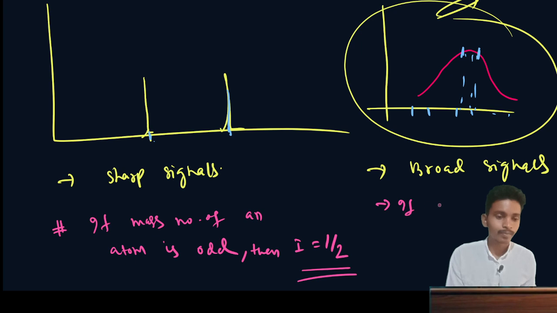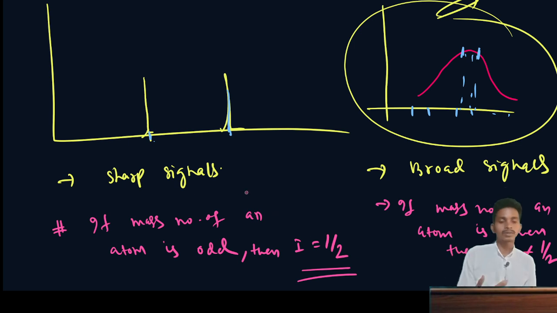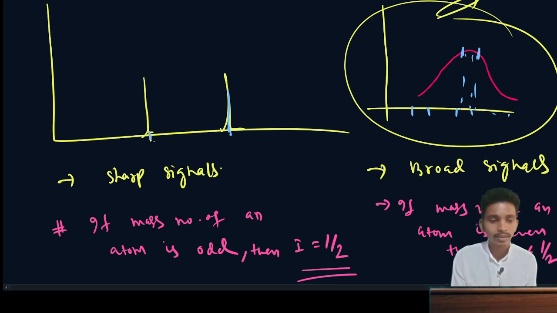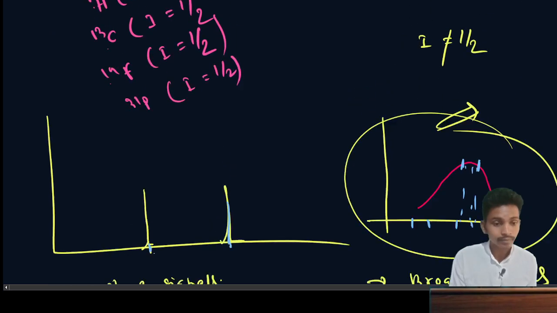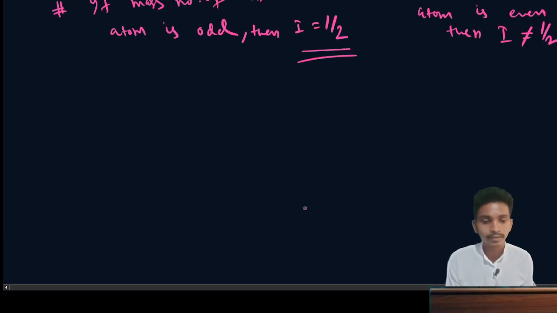And if the mass number of an atom is even, then I is not equal to half. Based on the mass number, if it is odd, we get sharp signals, that is I equal to half, and those types of NMR we have, and the other types of NMR we don't have.